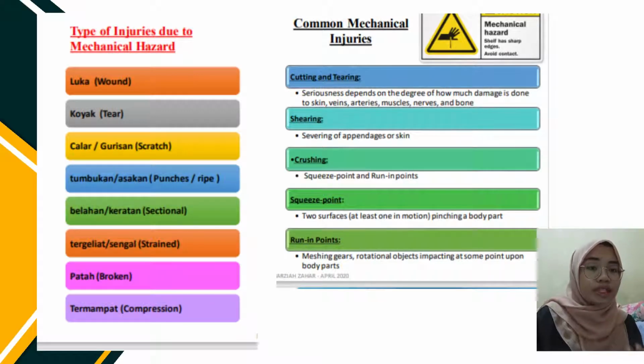Next, we go to the types of injury due to mechanical hazard.